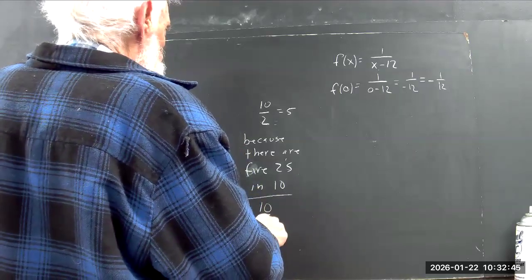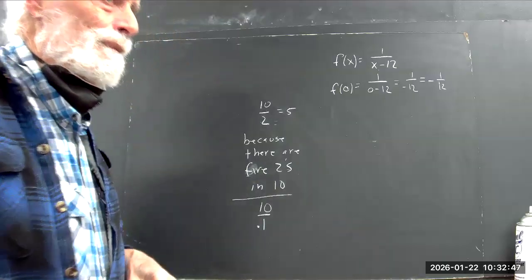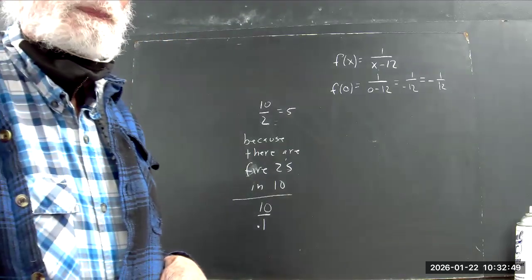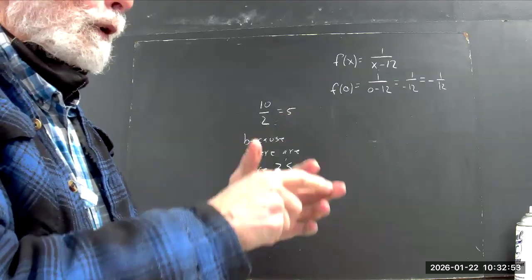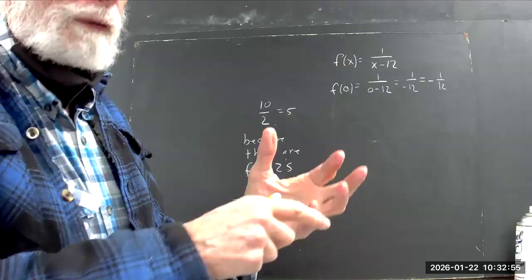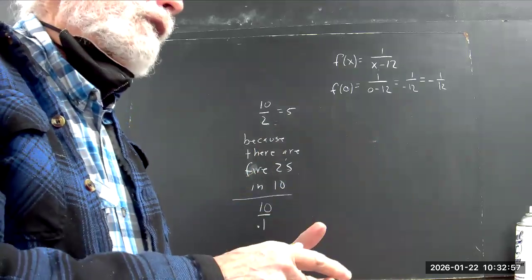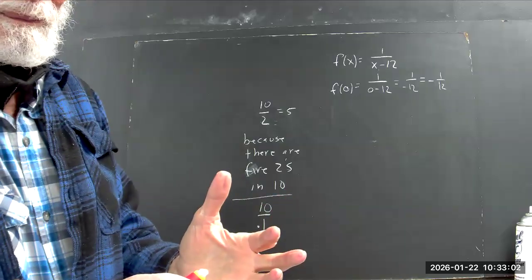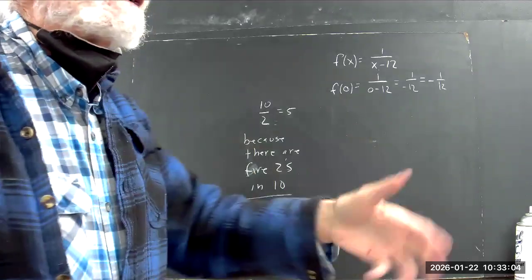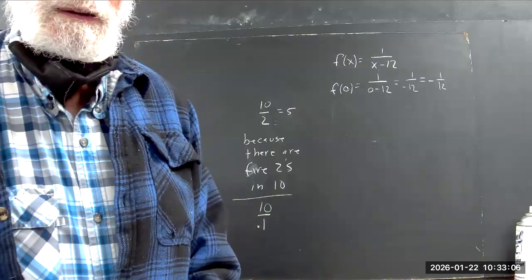Now what's 10 divided by 0.1? You don't have enough fingers to count that, but if you start counting by 0.1, you get 0.1, 0.2, 0.3, 0.4, 0.5, 0.6, 0.7, 0.8, 0.9, 1. It took you 10 counts to get up to 1, didn't it?